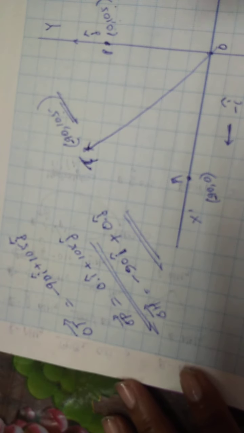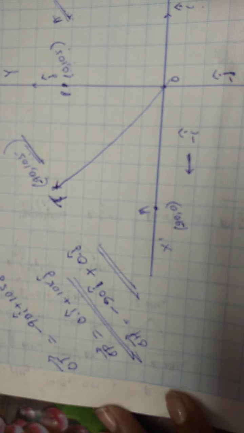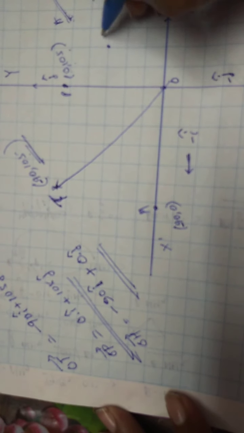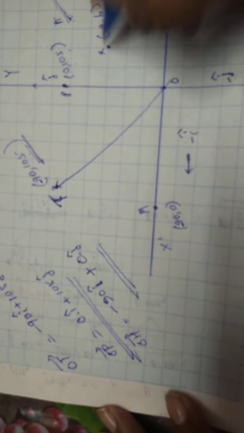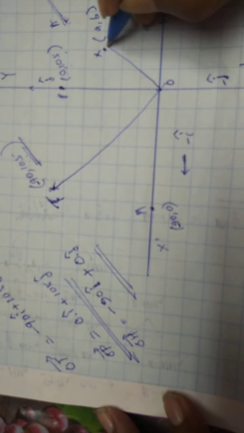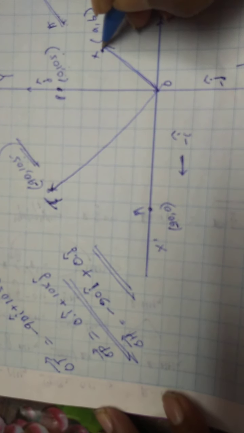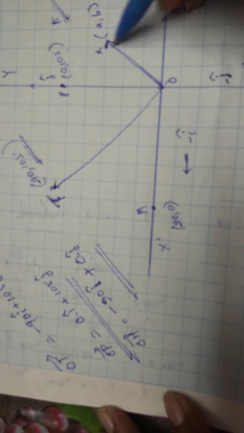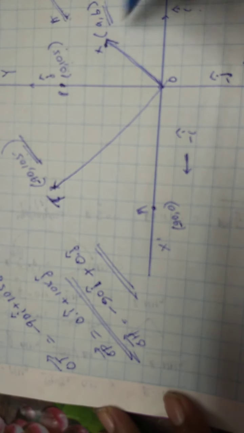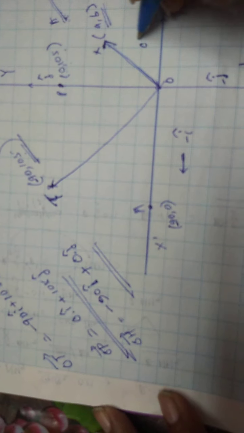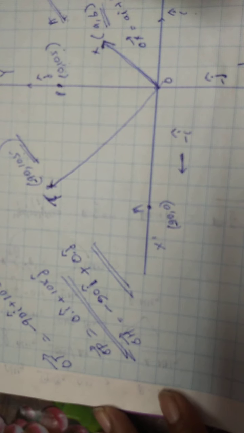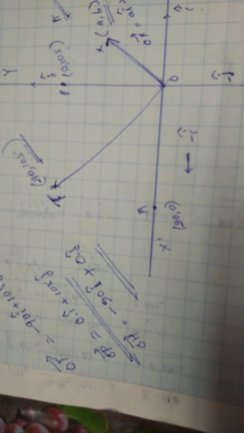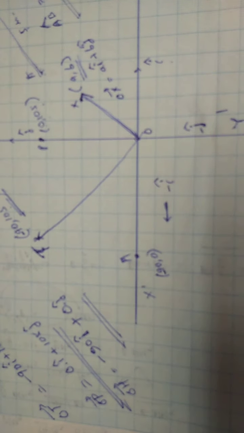So if the coordinate of any position is known, suppose the coordinate of this point X is (A, B) in the first quadrant, then vector OX can be written as A i cap plus B j cap.